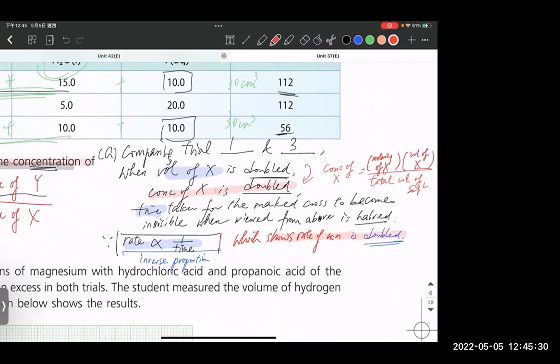Volume of X. Do you understand? So that's why if you found this one, the concentration of X and volume of X, what is the relationship in mathematics? What is that relationship in mathematics? Concentration of X, it is, how will you say it? In mathematics, how will you say it?